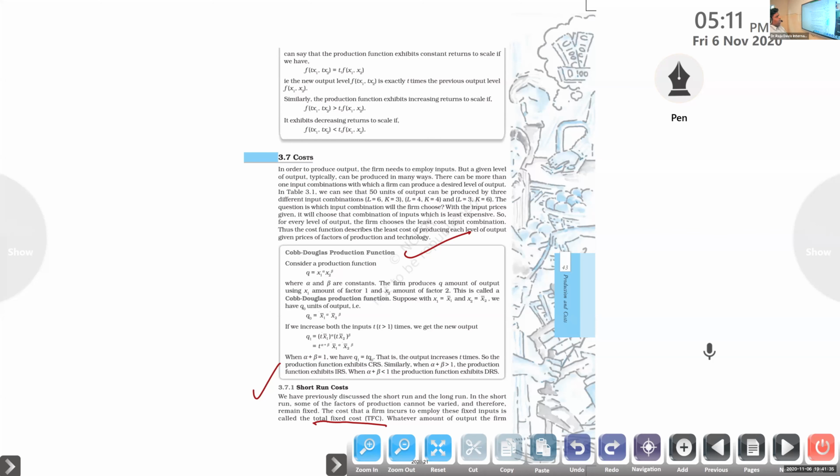TFC. Clear or not? In short-run production, some of the inputs, not all, may not change; ultimately they cannot vary, so they remain fixed. If capital is not changing, capital is fixed. Or if labor is not changing, labor is fixed. The cost that we spend to utilize those fixed resources is termed total fixed cost, TFC.